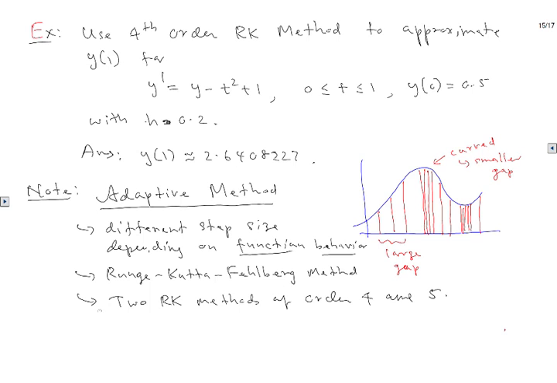Because of that, this one is named Runge-Kutta 4-5.